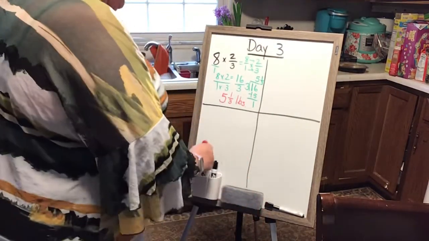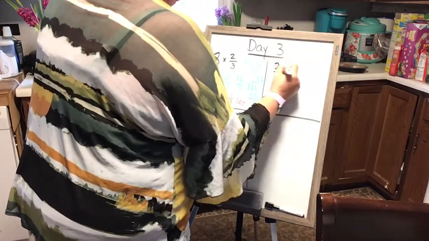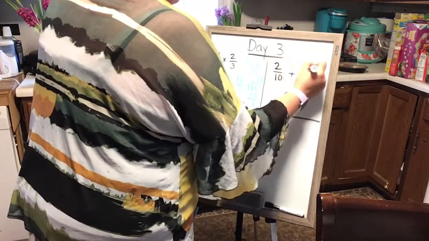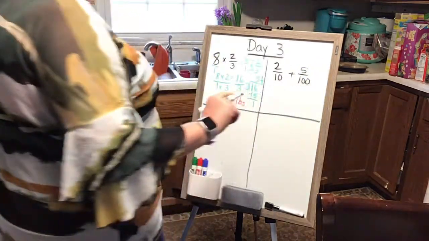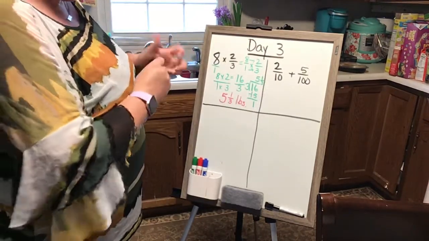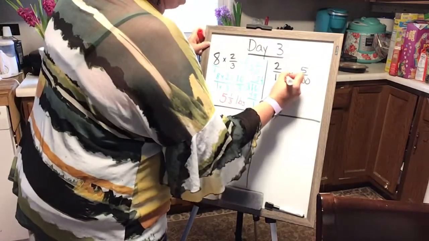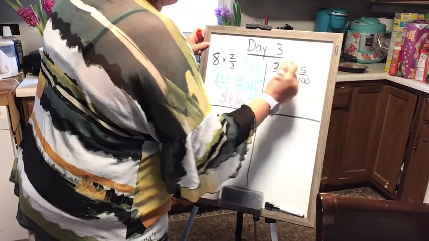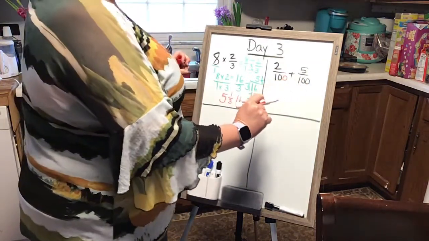2/10 plus 5/100. All right, first thing I'm going to do is change my 2/10 into a fraction that has 100 as a denominator, because you have to have the denominators the same in order to add.